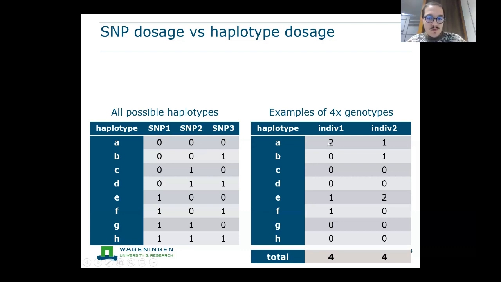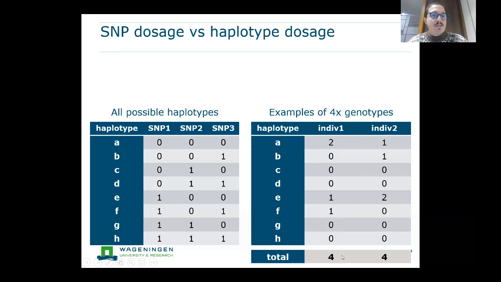So for example, individual 2 would have 2 times the allele 000, so 0 times the reference allele. And it has 1 time the allele E of this haplotype, so one of the chromosomes has 1 time the reference allele for the first SNP, and for the other 2 SNPs, no reference allele, and then the allele F, which is this one. And then we have this other individual that has alleles A and B 1 time each, and allele E 2 times. So in this case, we're looking at tetraploids.